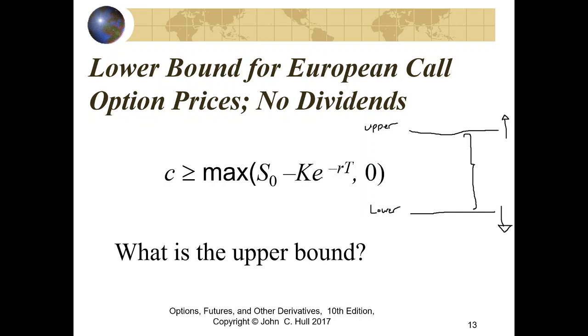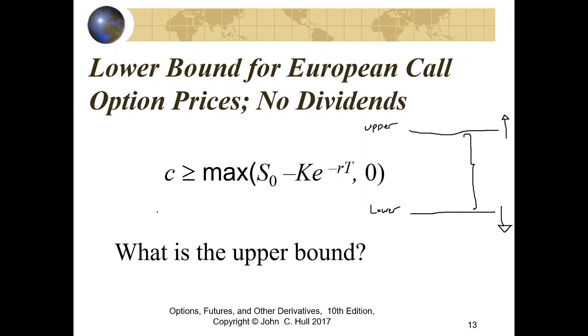So what's the lower bound? Well, the lower bound is basically S0 minus the present value of the strike price, and then the maximum between the difference and 0.